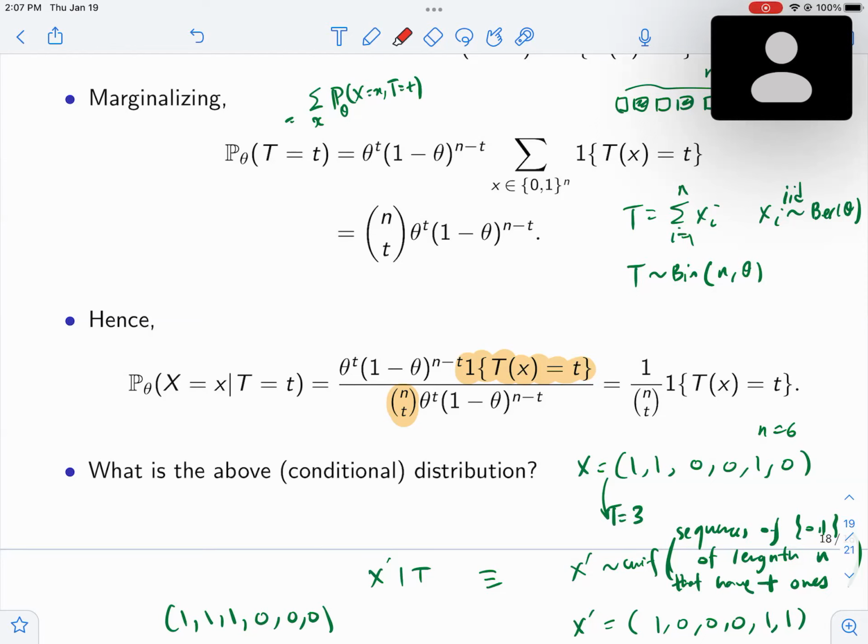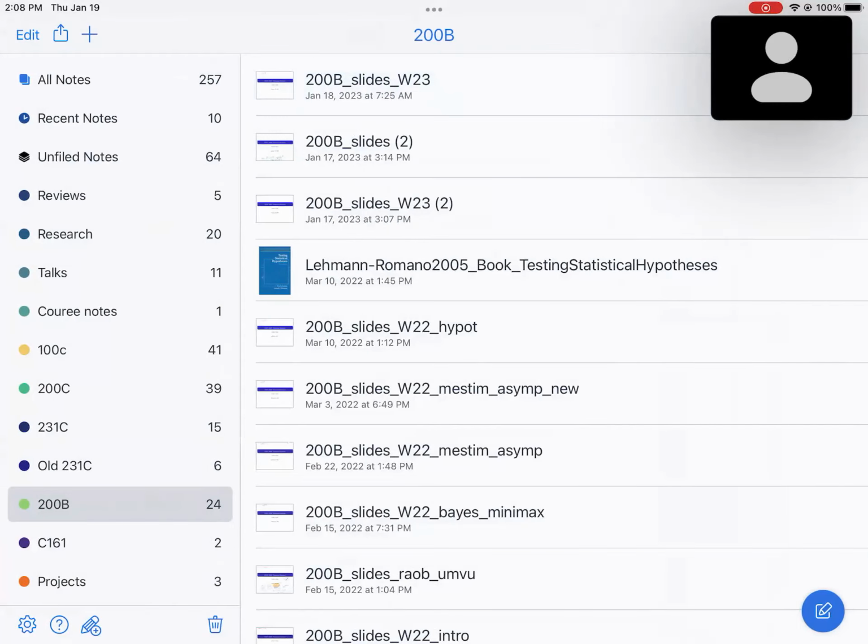So in the language of statistics, that's the ancillary information. It's an ancillary statistic. So the order is ancillary. We'll see that. So the information that's not relevant to the task of estimating theta. Okay, that's where this slide ends.